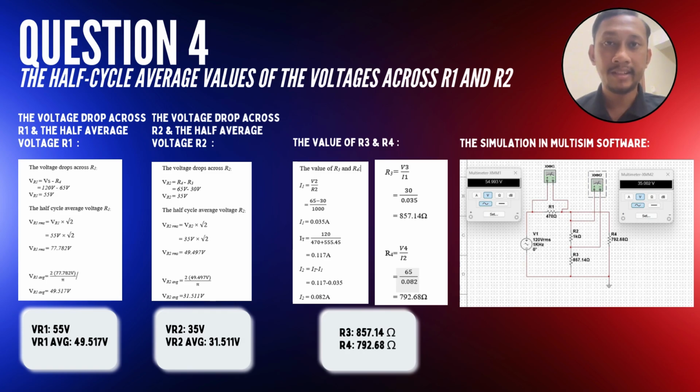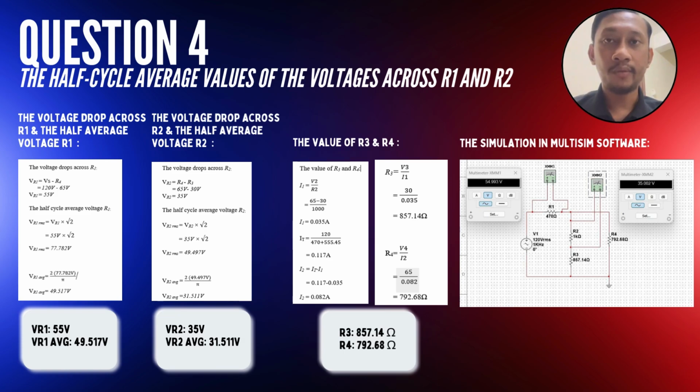The circuit is driven by an AC voltage source. Here we calculate the half cycle average voltage across each resistor. The formula for half cycle average voltage is provided. We utilize the RMS voltage value and resistance to determine the average voltage across each resistor.